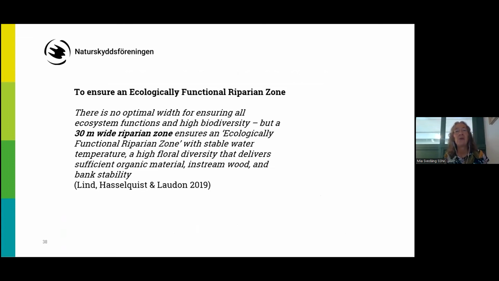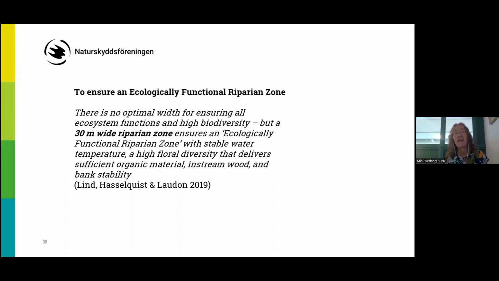And to ensure an ecologically functional riparian zone, this is a quote from Lind and cooperators: there is no optimal width for ensuring all ecosystem functions and high biodiversity, but a 30-meter wide riparian zone ensures an ecologically functional riparian zone with stable water temperature, high flora diversity, and it also delivers sufficient organic material, in-stream wood, and bank stability.